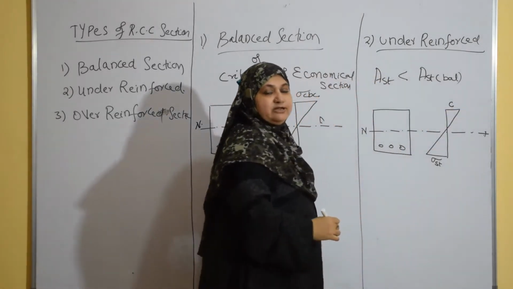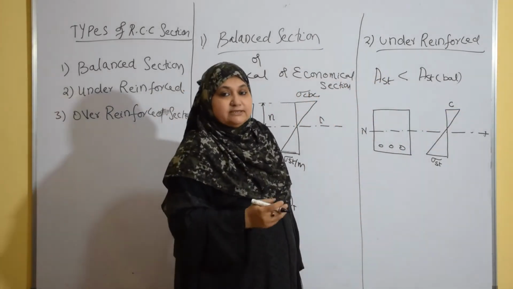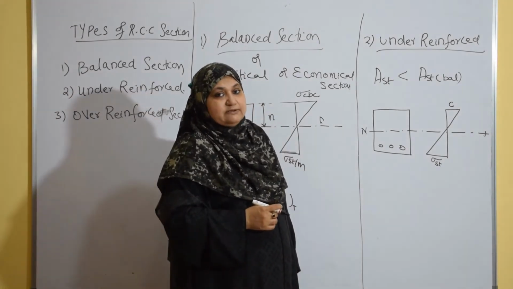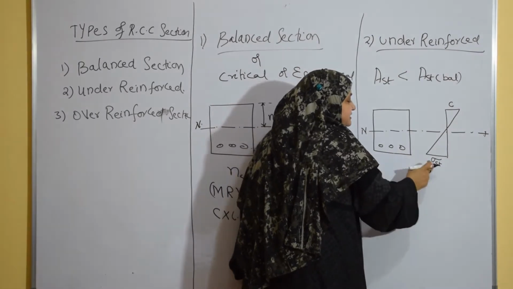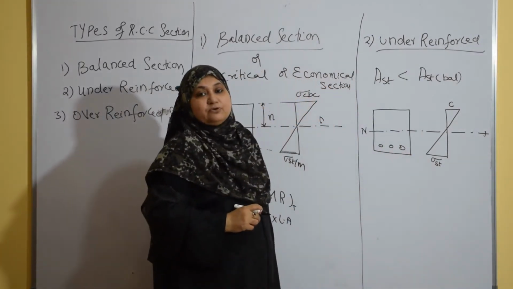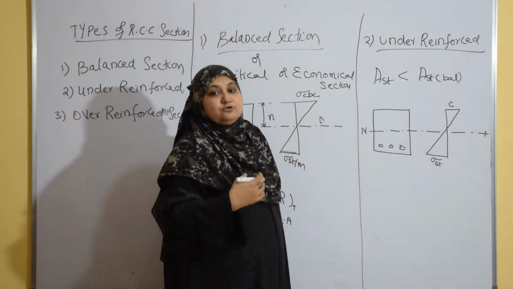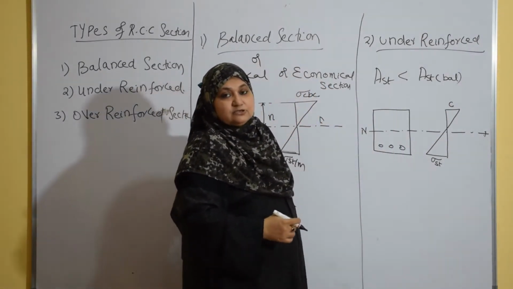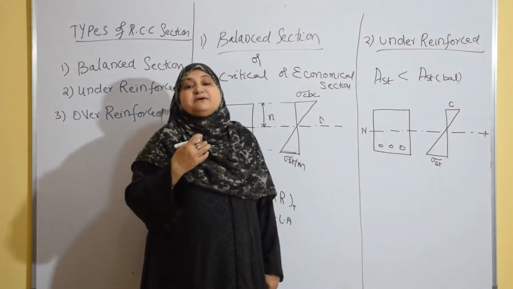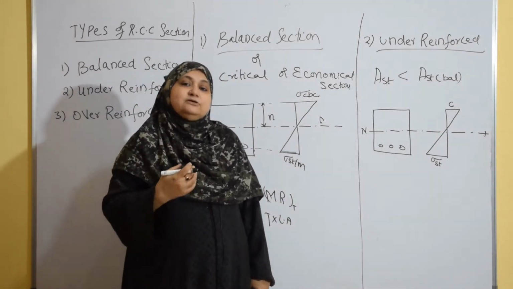For example, the reinforcement we have used is 140 Newton per mm square, that is Fe 250. Then in this under reinforced section, the stresses in steel will reach 140 Newton per mm square first, prior to the permissible stresses in concrete. So the steel is reaching its permissible stresses prior to the concrete.